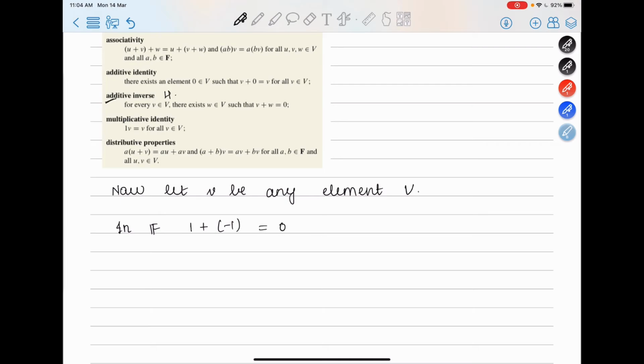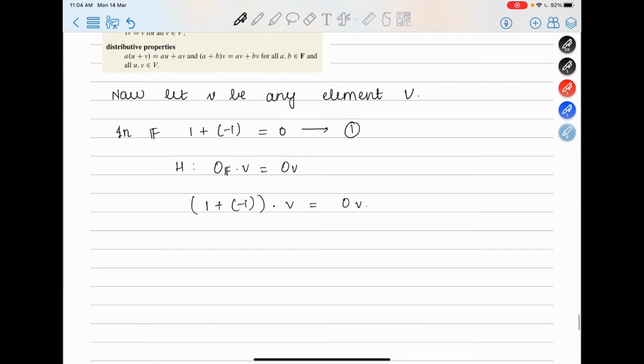So in the statement H, I will replace 0f with equation 1. I will get 1 plus minus 1 times v equals 0v. And to equation 2, I will apply the distributive property. And when I do so, I will have 1 plus minus 1 times v equals 0v.